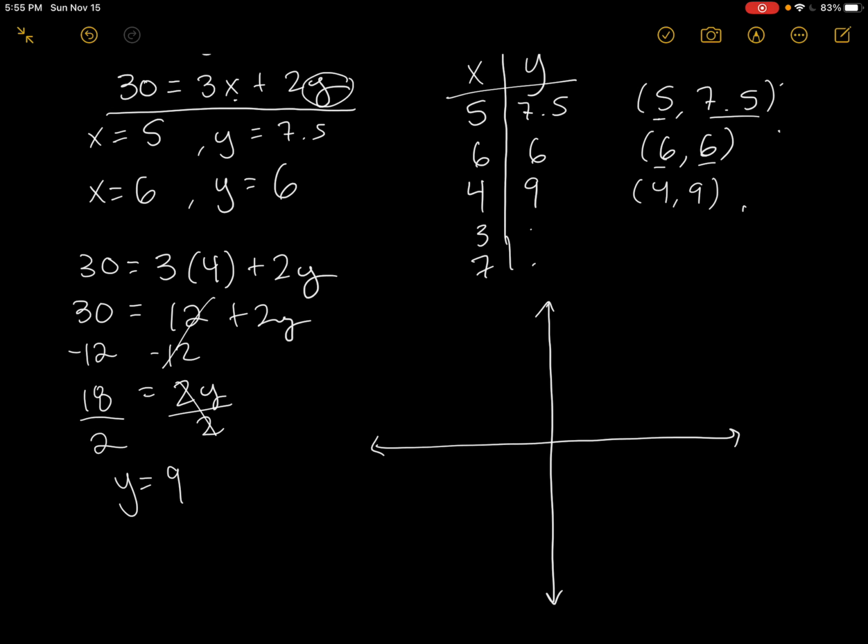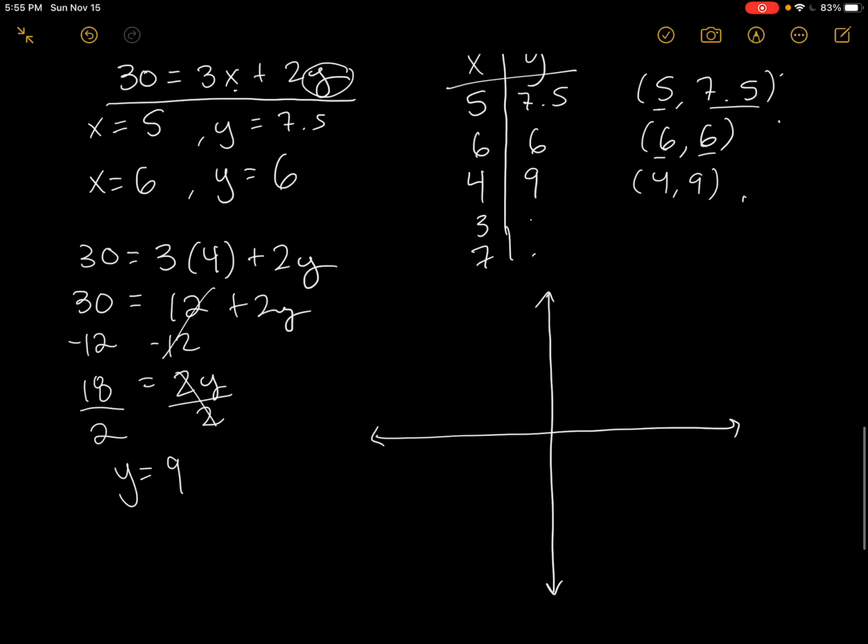I cannot remember what it is off the top of my head, but I will link it in the description box below so that you can do online graphing. Which might come in handy when you're doing problems and it asks you questions about the line.